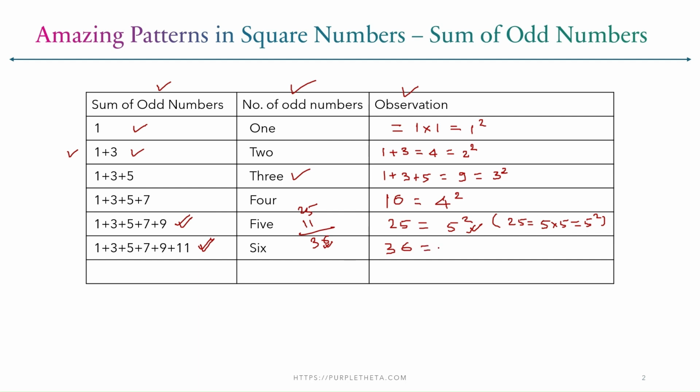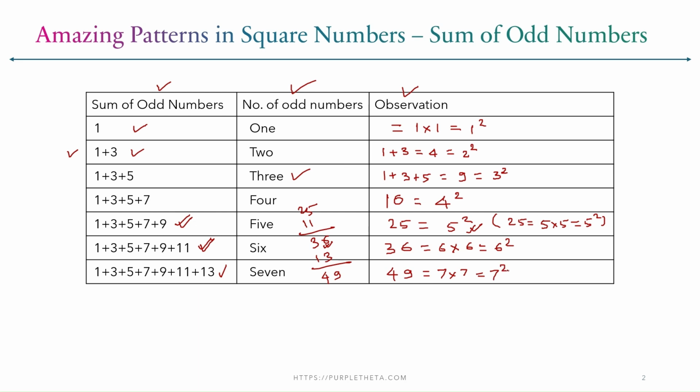And 36 is 6 multiplied by 6, that is 6 square. And after that we are adding 7 odd numbers. The sum of six was 36, and with 36 I'm adding 13. That is 49, and 49 is 7 multiplied by 7, that is 7 square.